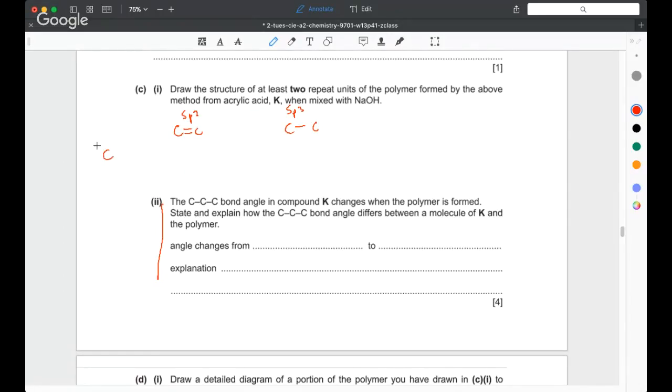Carbon has atomic number 6, so it has this as its ground state. That's the 1s2, that's the 2s2, and that's 6 electrons altogether, isn't it? So that's the p orbitals there.